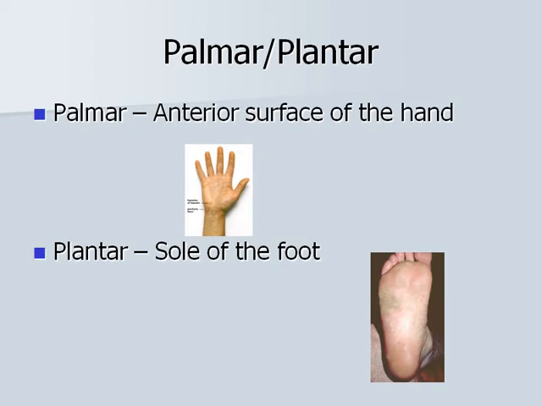Anterior, because we're in anatomical position. Okay? Palmar surface of your hand is the anterior. The dorsum of your hand is the posterior. The plantar surface of the foot is the sole of the foot, the bottom of the foot. Okay? This is why we call them plantar warts, because they are on the plantar surface of the foot.